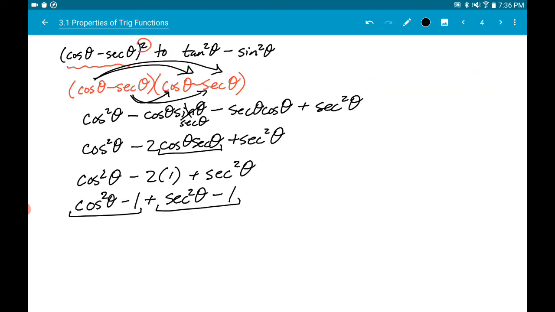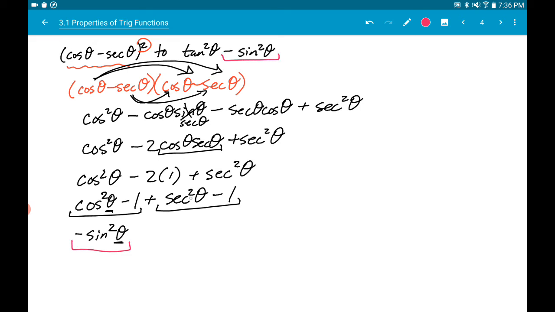What I have here is this becomes negative sine squared theta. It doesn't matter if it's theta or x or a or b, just the variable that's going along with it. And now I think I'm onto something because I have this, and that's part of my goal.